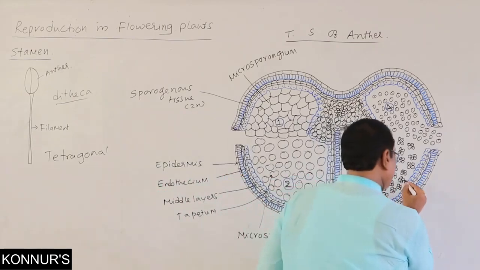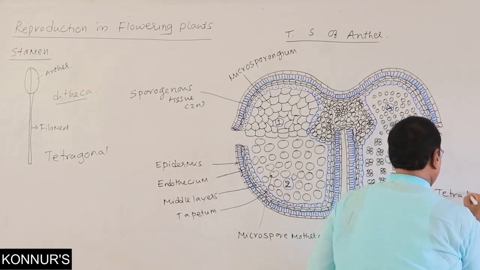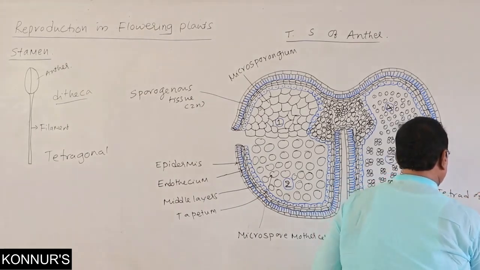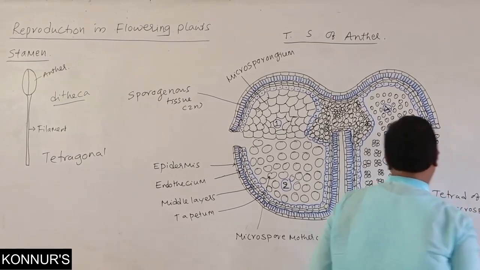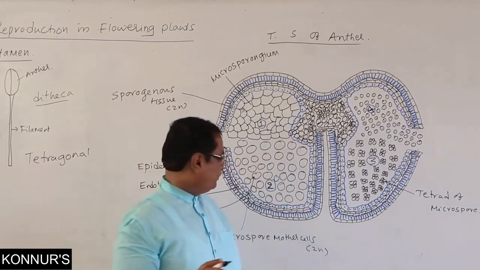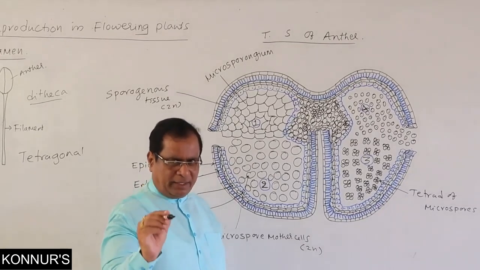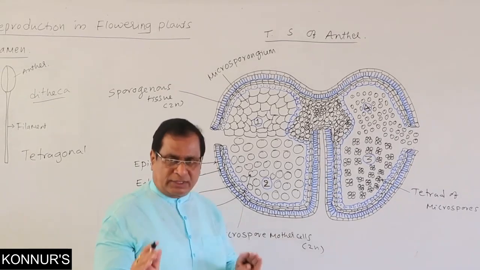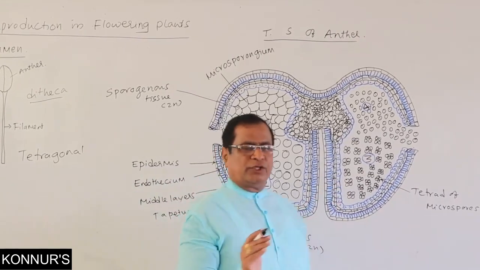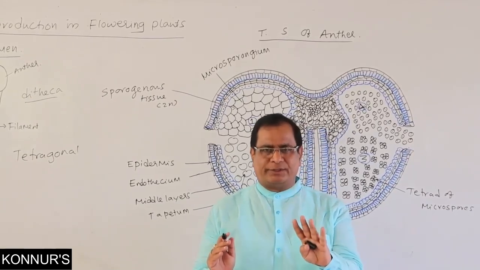Hence, they are named a tetrad of microspores. Each microspore mother cell, which is a diploid cell, undergoes meiosis, leading to the formation of 4 haploid microspores.